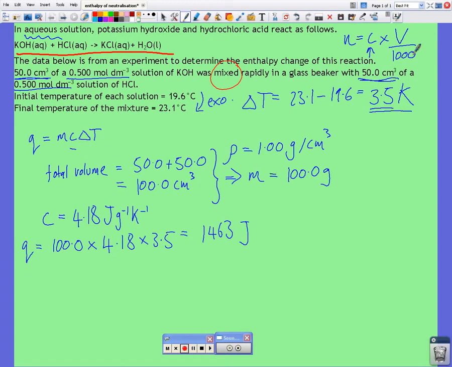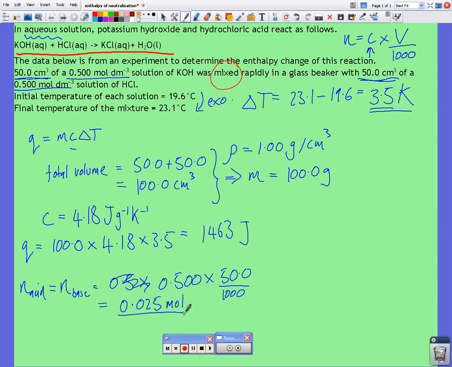So the number of moles of acid, which is equal to the number of moles of base here, is equal to the concentration multiplied by the volume, divided by 1,000, which gives me 0.025 moles.